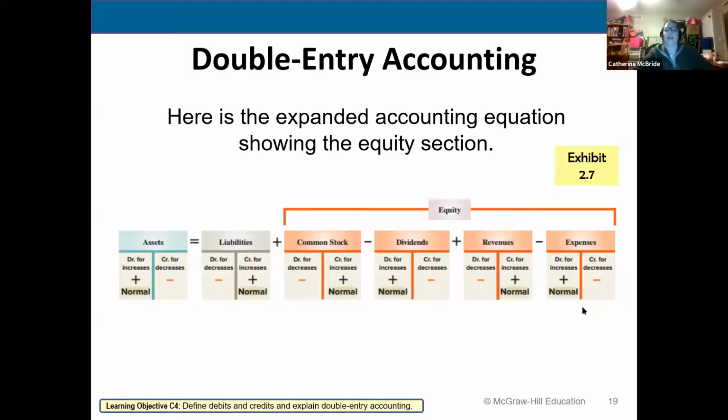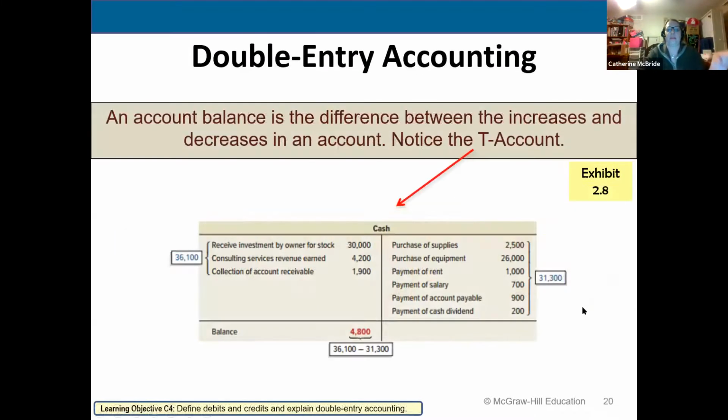Now, here's the thought process that you're going to go through. Well, I'll tell you in a minute. All right, this is a T account. If I asked you, how much cash do you have right now? How many numbers am I looking for? How much cash do you have? What's in your pocket? How many numbers am I looking for?